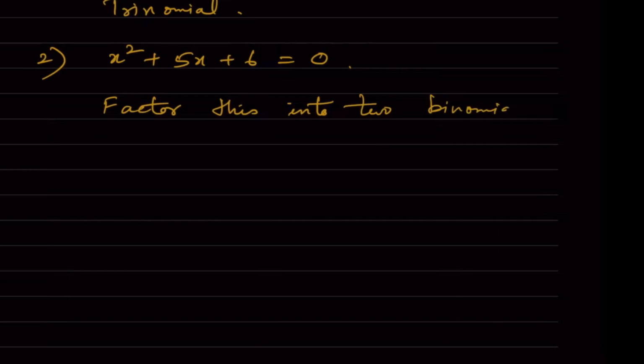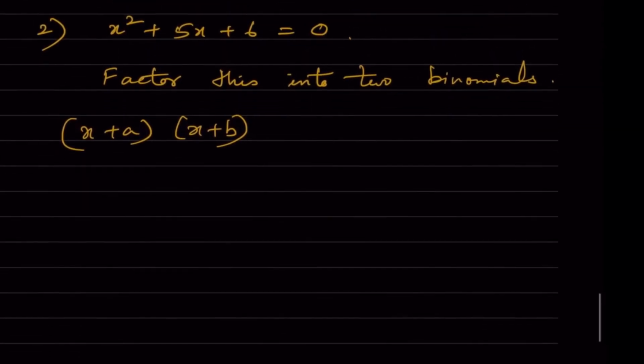So how do we do that? We'll just take one normal. Now x plus a into x plus b, we have to write it in this way. Or if you take the distributive property, you can write this as equal to x into x plus b plus a into x plus b.